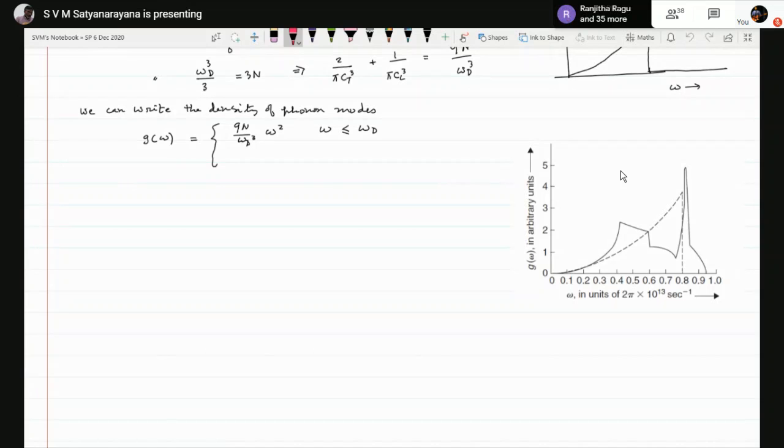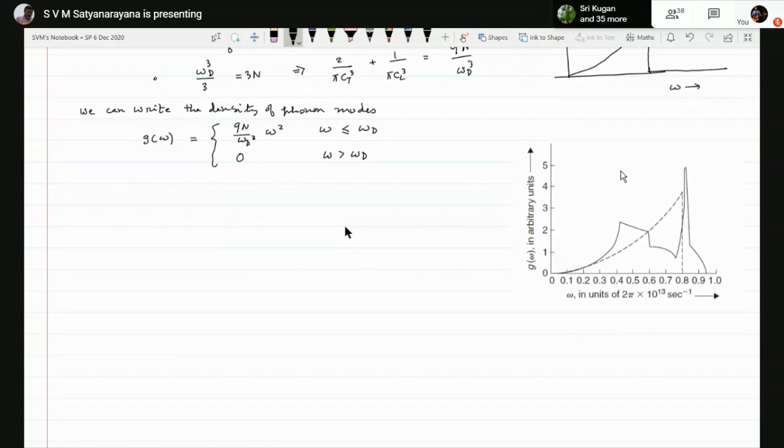What I am showing here is a comparison between experiment and theory. The experimental density of states has these singularities, and these singularities have some important consequences, and the Debye density is 0 if ω is greater than ω_D.